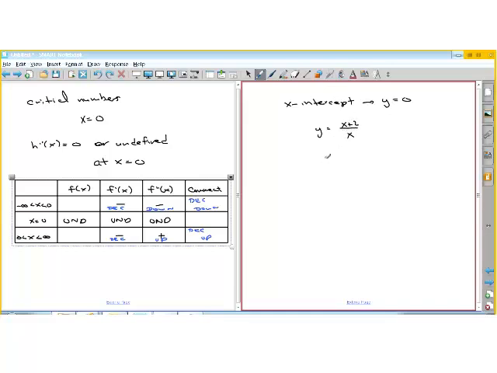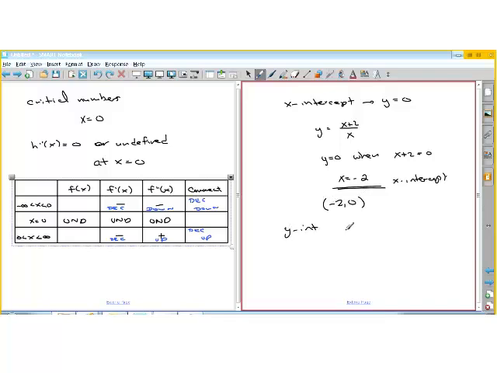The question is, when is y equal to 0? When the numerator is equal to 0. So we solve for x, and that's our x-intercept. We could say it's negative 2 comma 0, the point x equals negative 2, y equals 0.